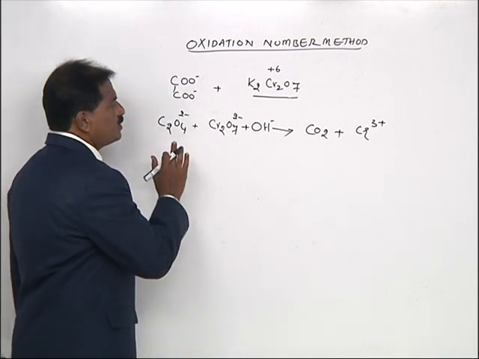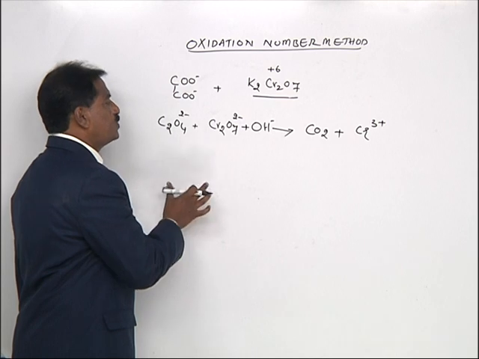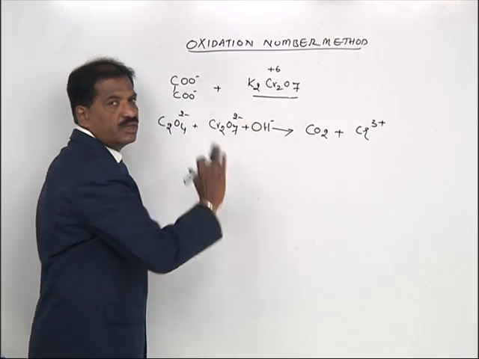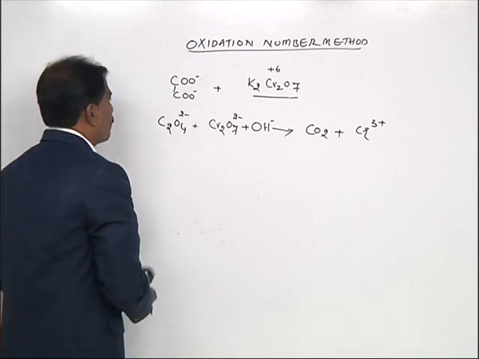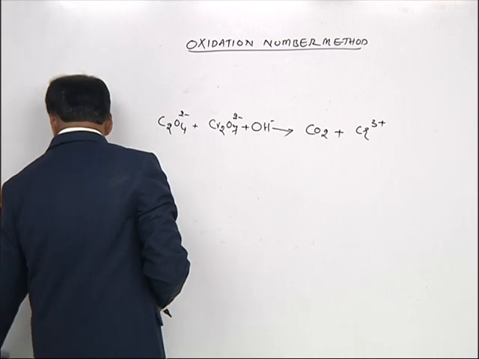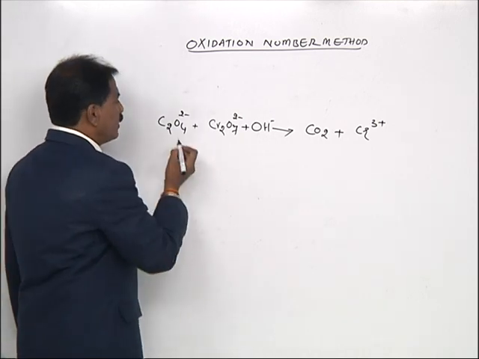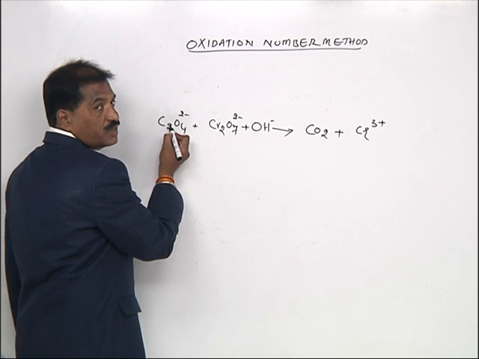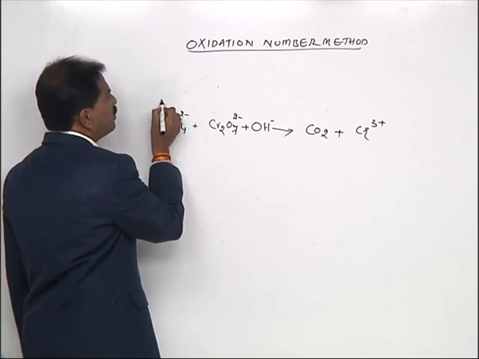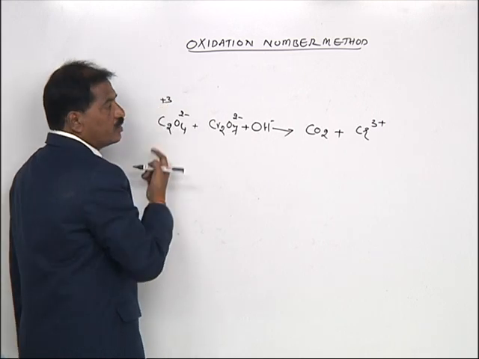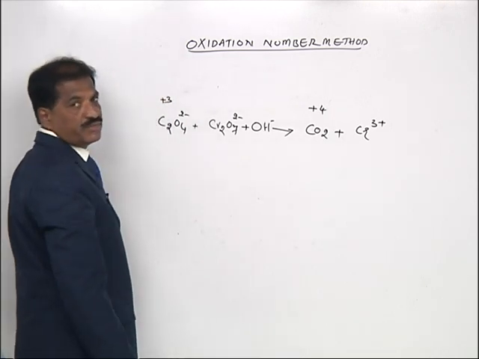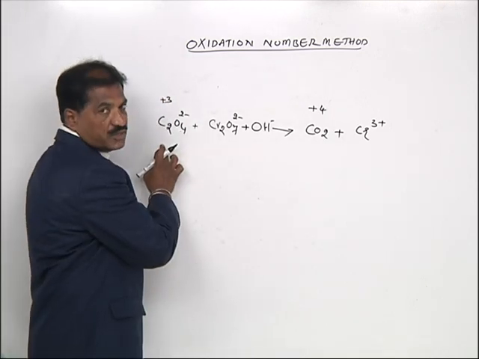In this oxidation number method also, the first step is the identification of the oxidation state of each and every species. Now, let us observe the oxidation state of the carbon here. The oxidation state of every carbon here is +3. The oxidation state of the carbon here is +4. That means for carbon there is a change in the oxidation state.